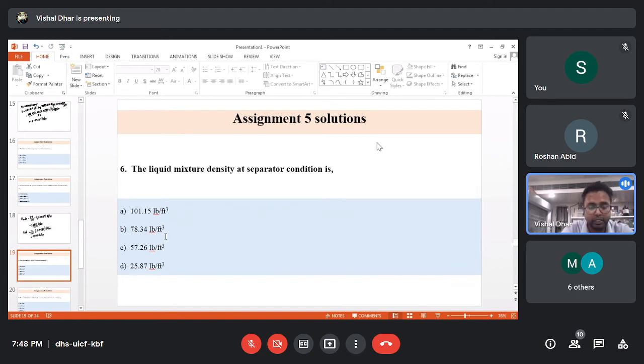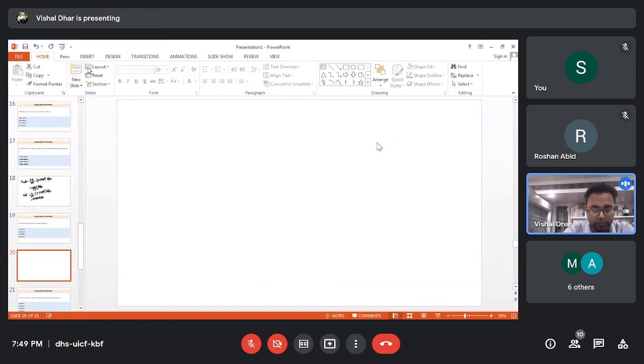Next, we have to find the liquid mixture density at separator condition. The four options given are 101.15 lb per feet cube, 78.34 lb per feet cube, 57.26 lb per feet cube, and 25.87 lb per feet cube. Okay, I will do this directly because it is a little tough.